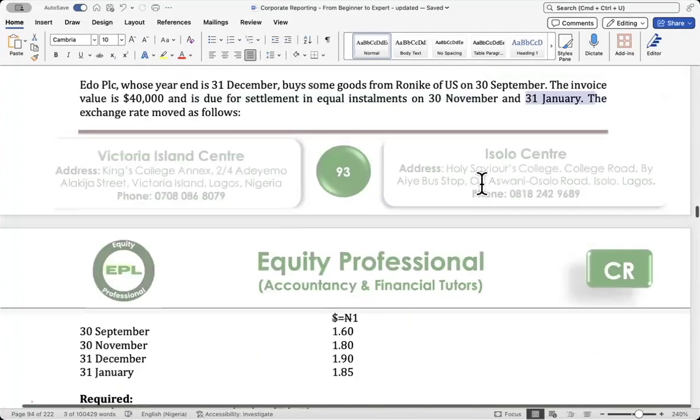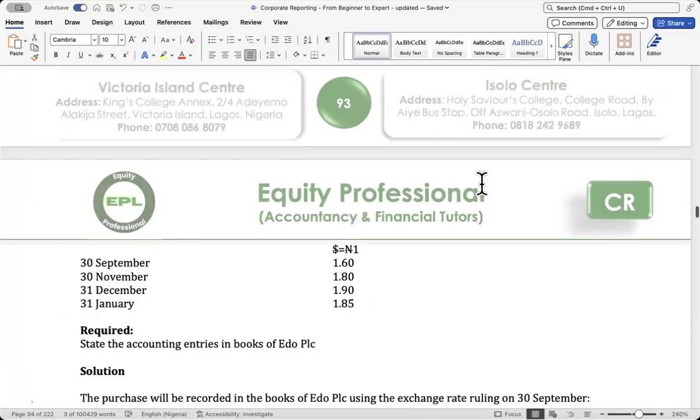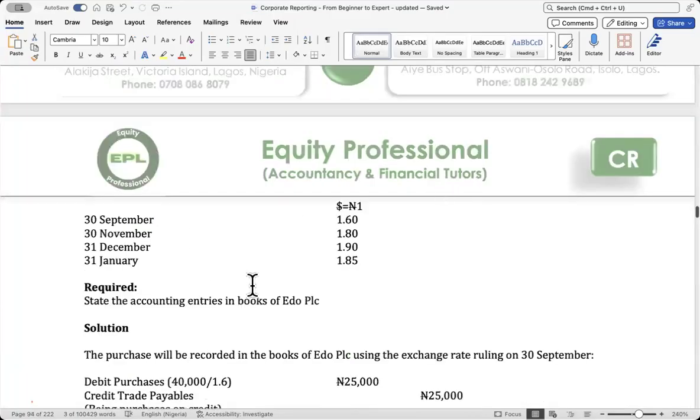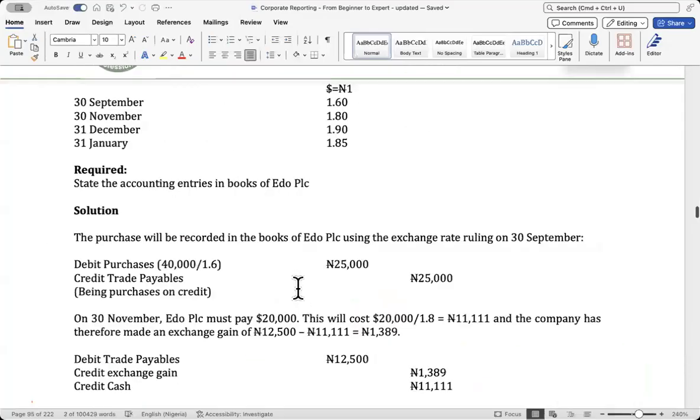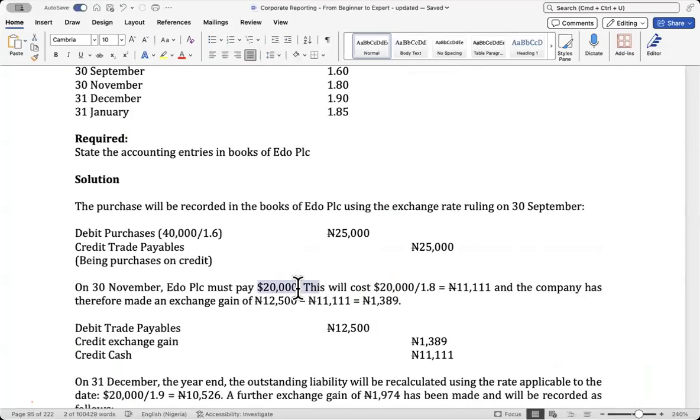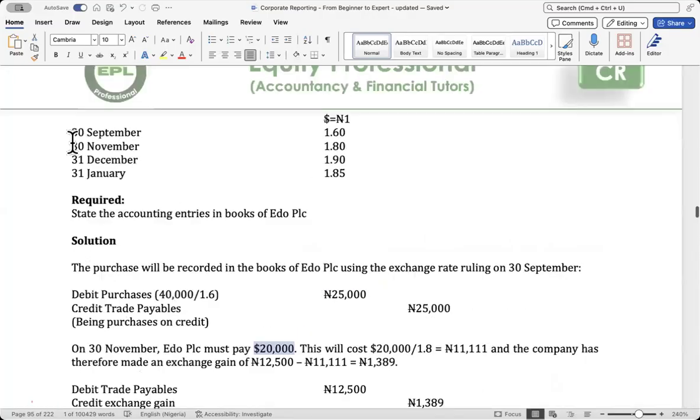So as of November, since the amount we are owing is $40,000, we have to look for $20,000 and give to that guy. And the exchange rate as of November, if you look at it, was 1 naira 80 kobo.